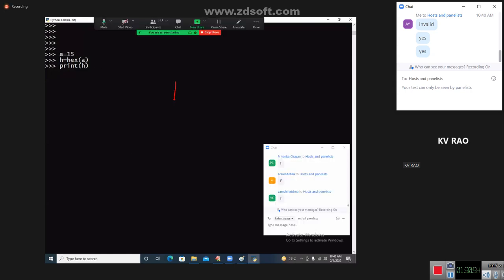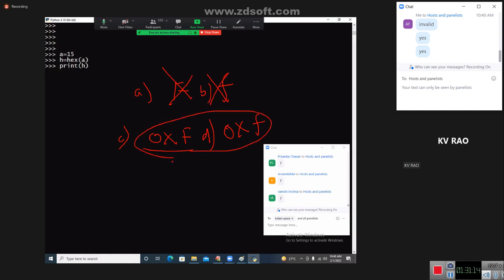Is it printing F, or small f, or 0x capital F, or 0x small f? That is important. Option A, option B, option C, option D. Any one of them will print; either C or D it will print.